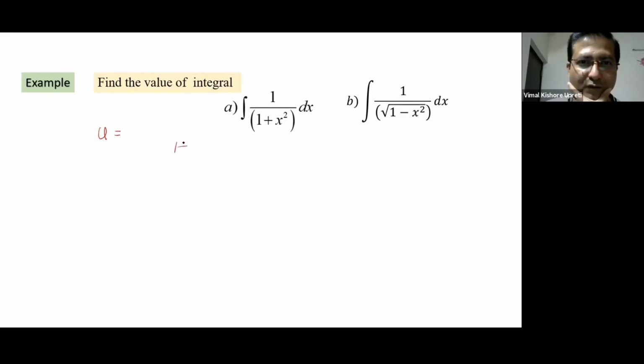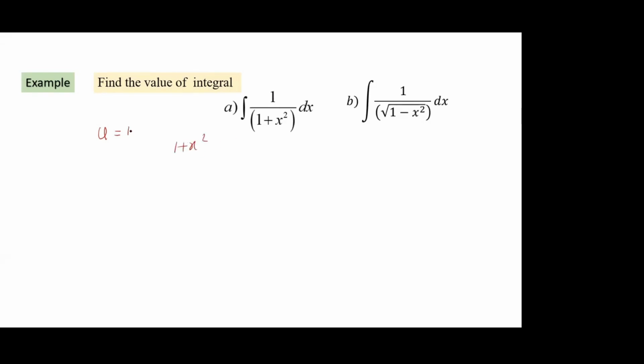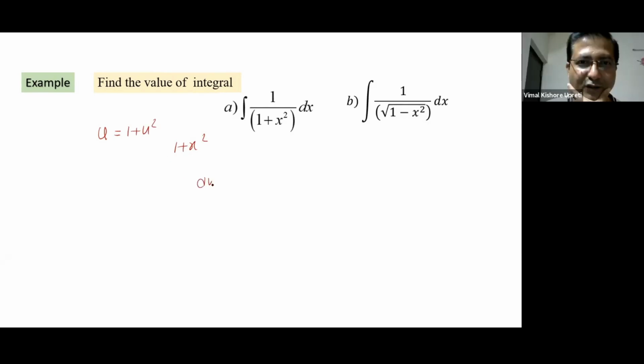No. When I wrote 1 plus x square as u, the format I was getting is du divided by x under root u. This I cannot integrate now because x I cannot take out. x is not a constant. x depends on u, u depends on x. So if we have different quantities which are interrelated, I cannot take one of the quantities out.